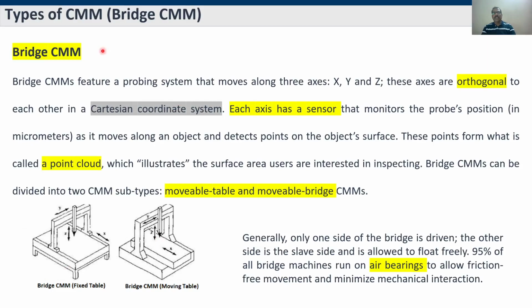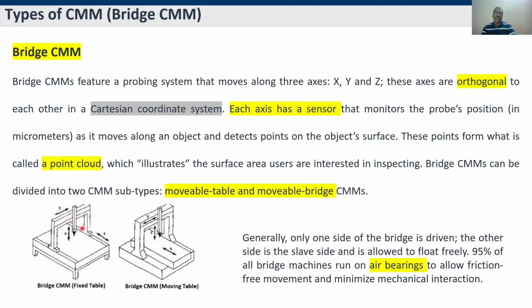Under this bridge type CMM, you have further subclasses. One is the movable table, another is the movable bridge. Either we can say movable table or fixed table, or movable bridge or fixed bridge. From this diagram, we can understand the difference between these two. It doesn't matter for the Y-axis and Z-axis, which perform by the same principle.